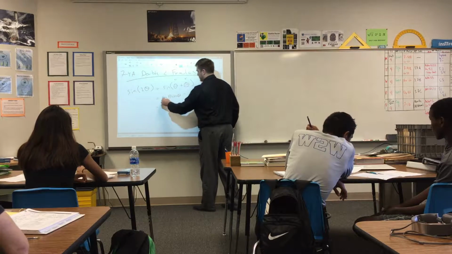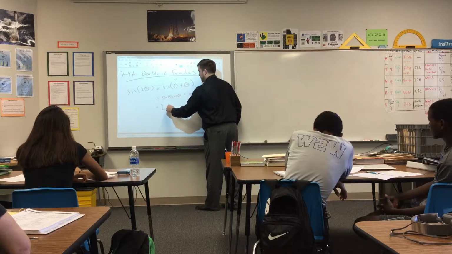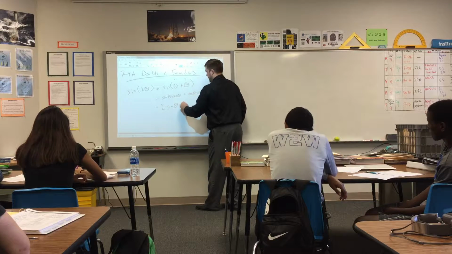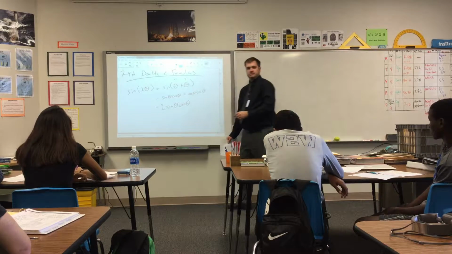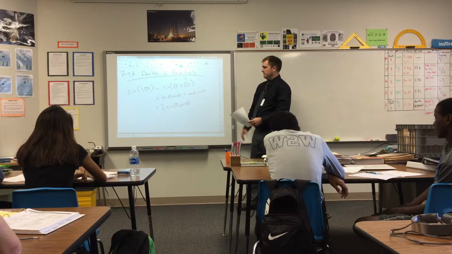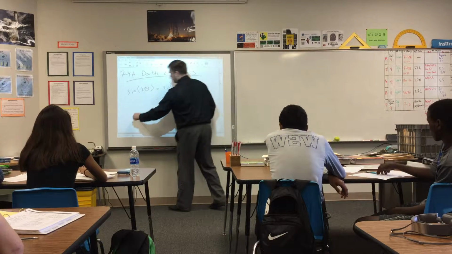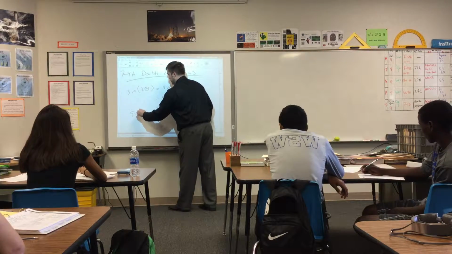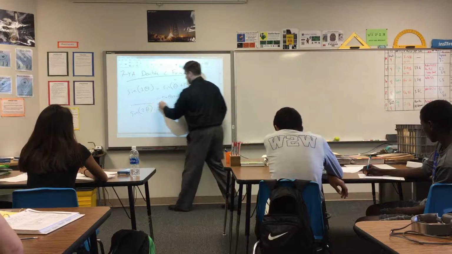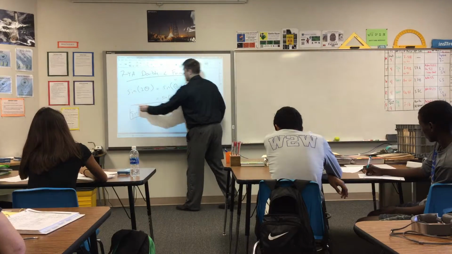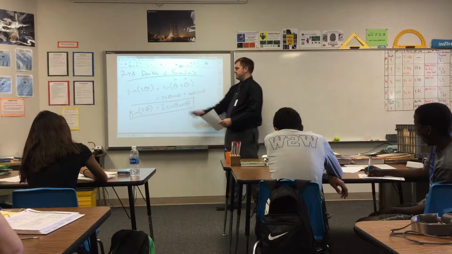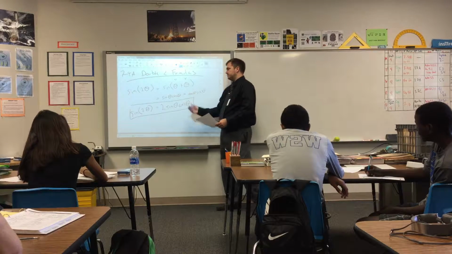So it turns out that this would just be 2 sine theta cosine theta. And that's the first double angle formula: the sine of twice an angle is equal to 2 times the sine of that angle times the cosine of that angle.